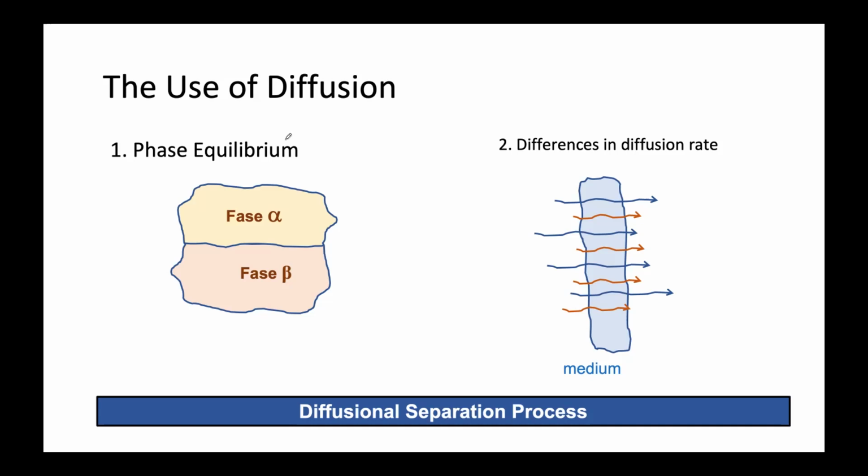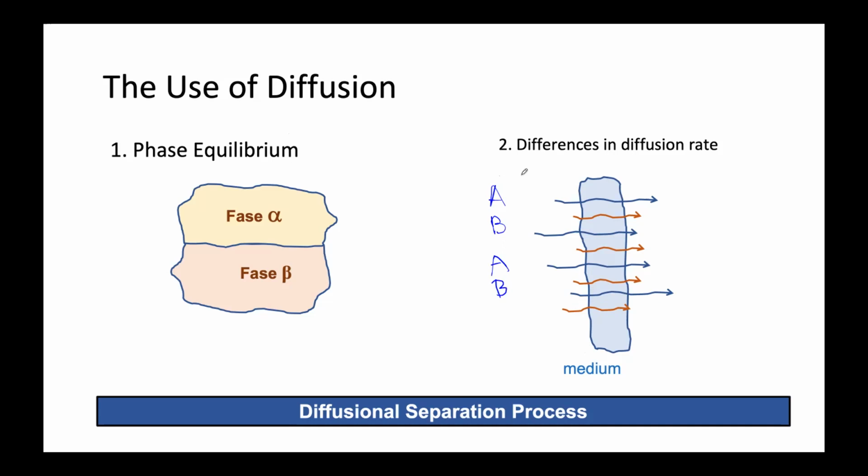The second one is using the differences in diffusion rate. For example, we have components A and B, and a permeable medium.